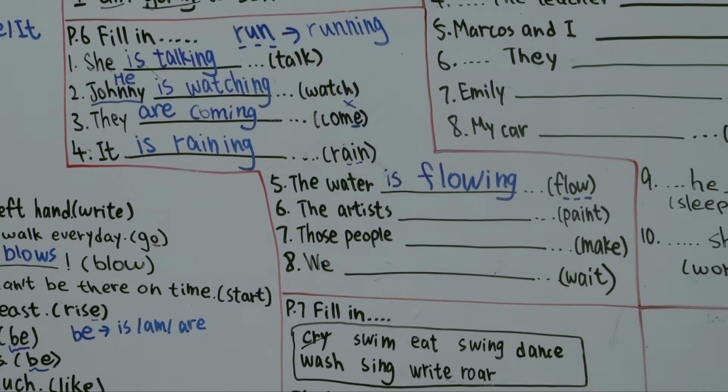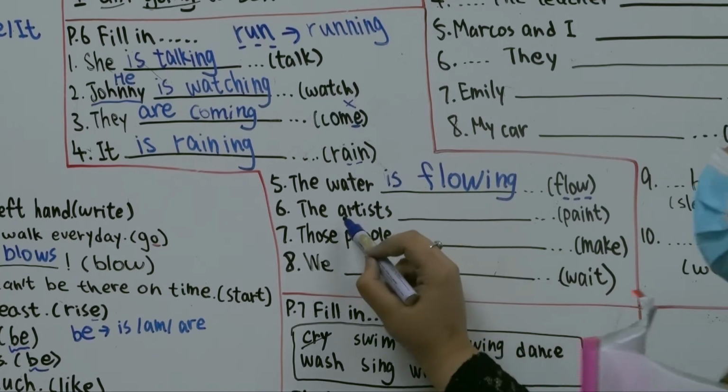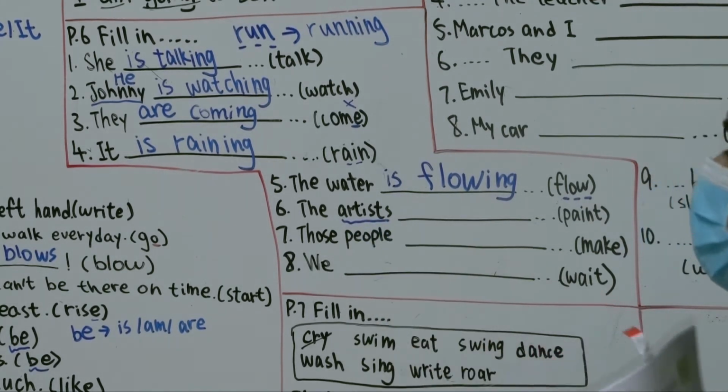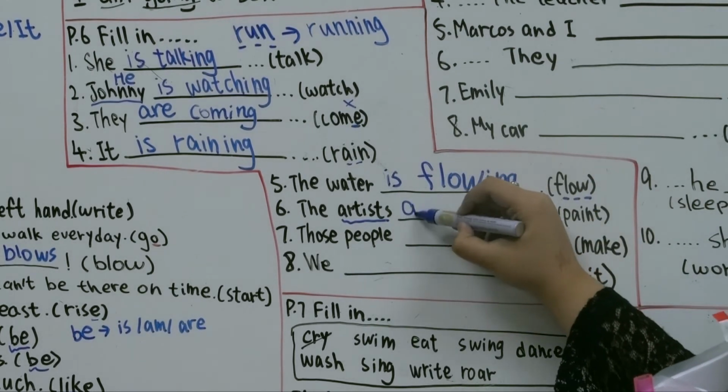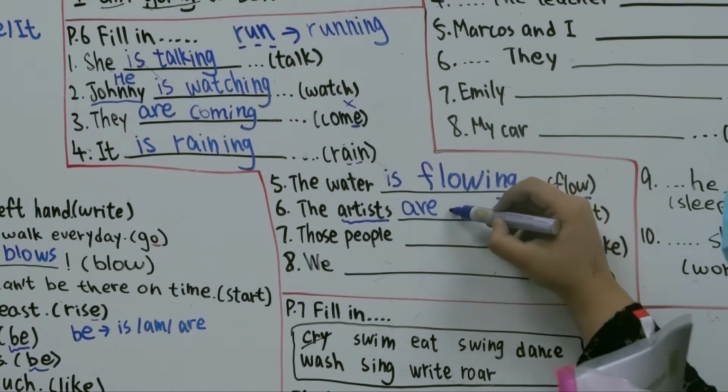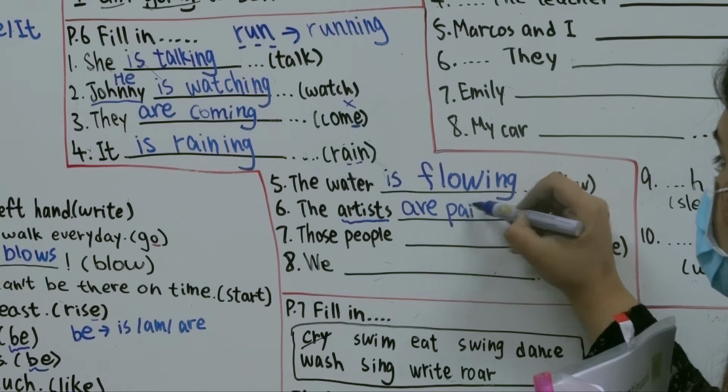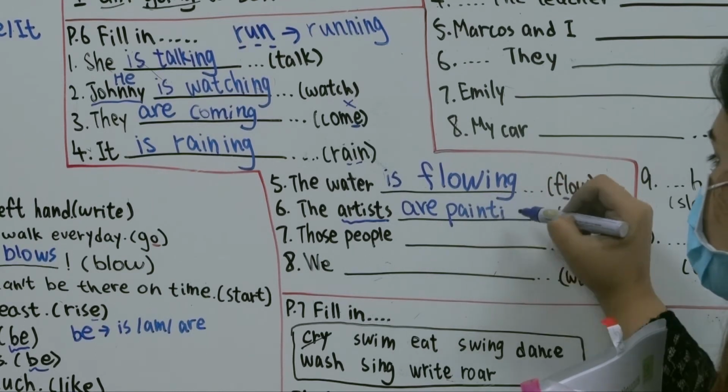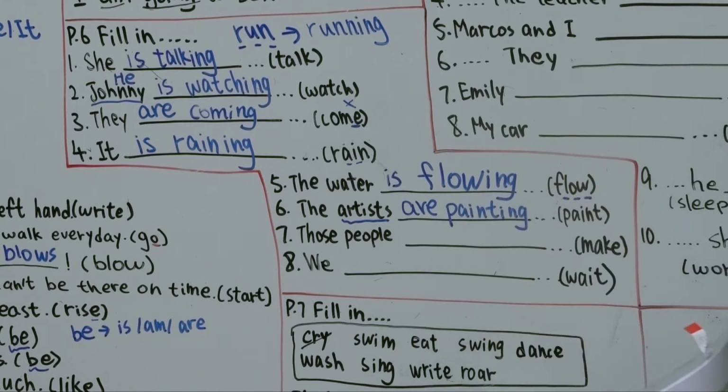Next one. The artist space the big wall. Paint. For the artist, plural form. So we use are. Painting. Nothing special. So that's why we add ing. Okay.